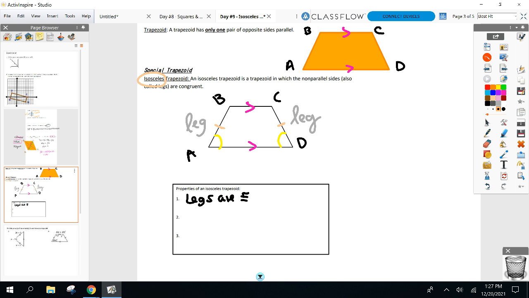The top two angles? All four or just separately congruent? Separately. Darn right. These are called base angles, everyone. Don't get in that middle school mentality. Base does not equal bottom. Base angles are the top and the bottom ones here. So base angles are congruent in an isosceles trapezoid.